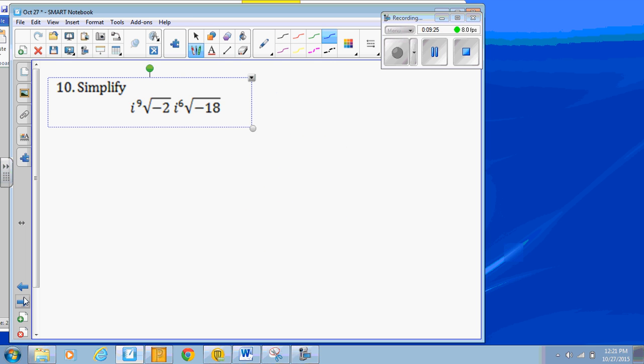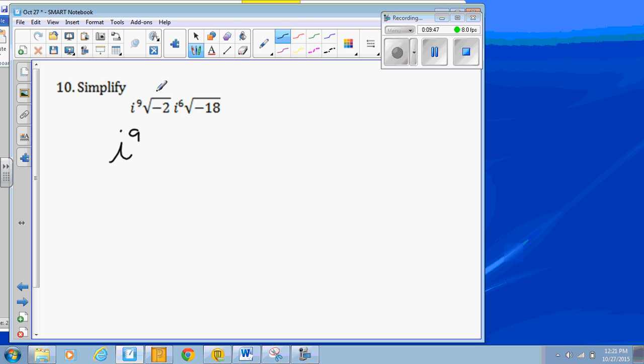All right. As we move on, this one confused a whole bunch of people. Let's just break it down to what we need to know. When we have a square root times a square root, we can multiply them together. But we can't do that when there's negatives in front. So I'm going to write this i to the 9th. That doesn't change.